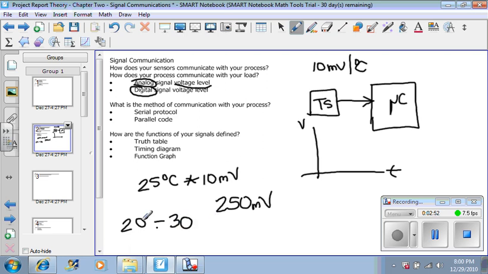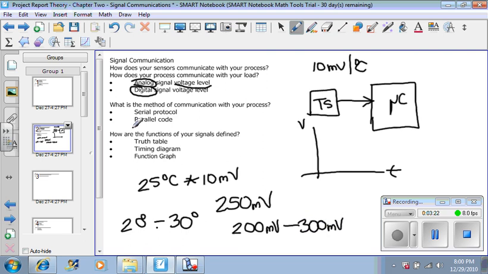So my system is controlling temperatures between 20 and 30. Using this information, I can calculate the range of voltage that is going to be outputted by my temperature sensor. So we're talking about 200 millivolts after I do the calculation to 300 millivolts.